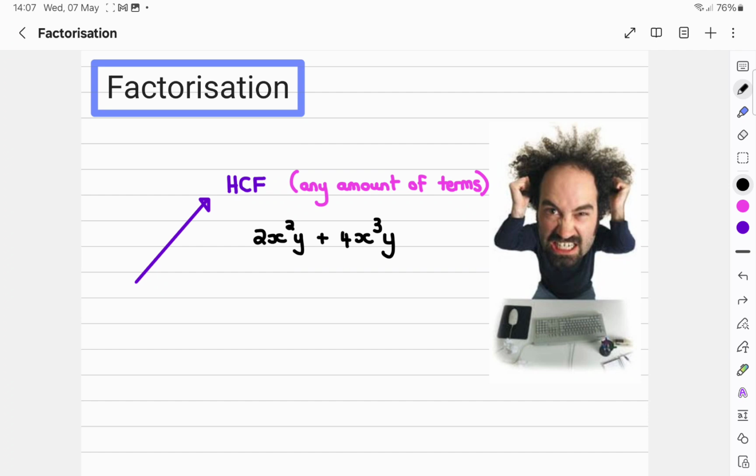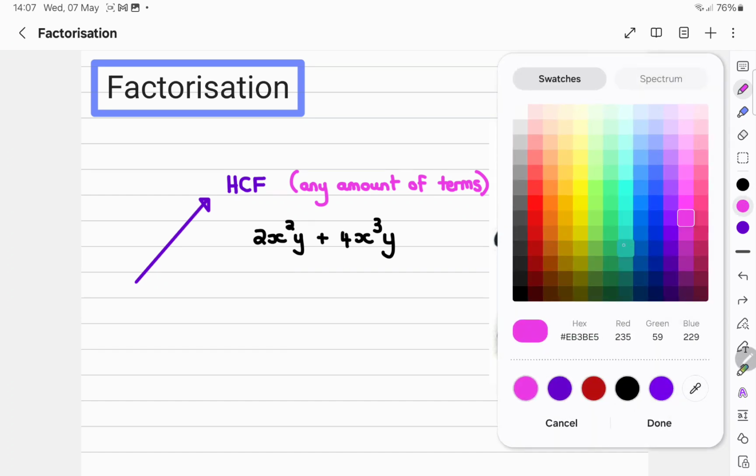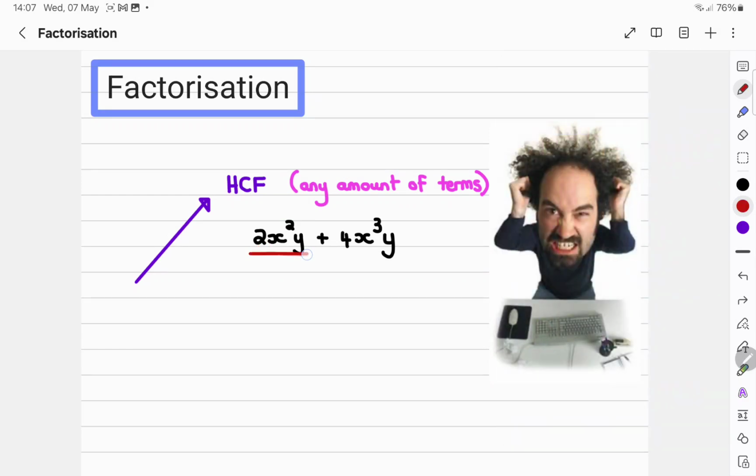Then we're going to say, what number is divisible by both of these terms? It is 2, so now we can take out a 2.